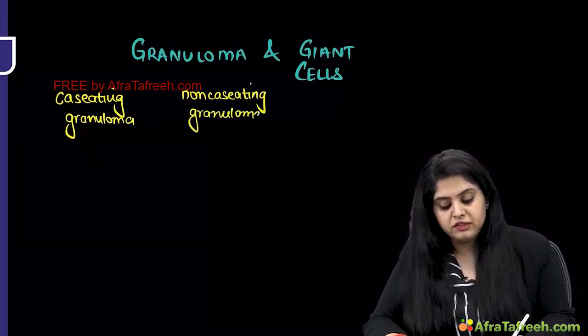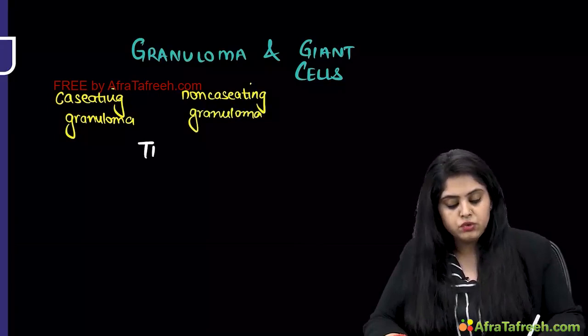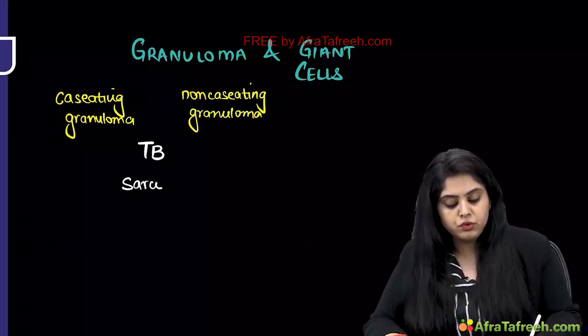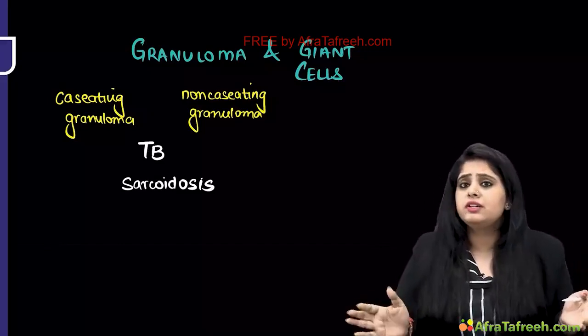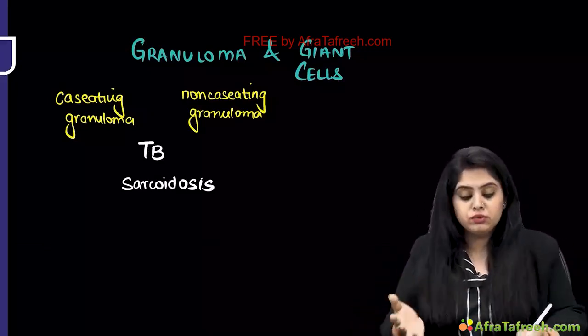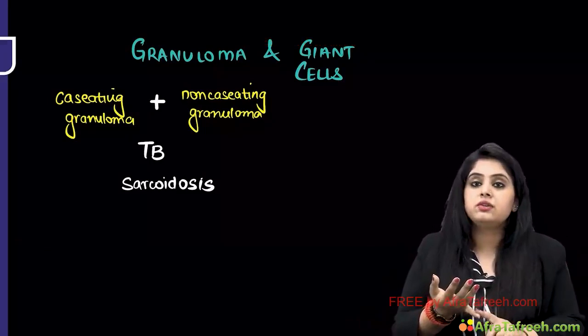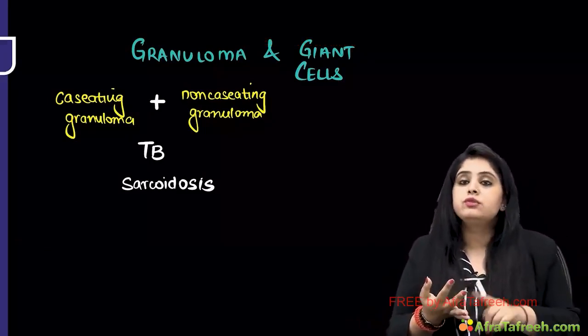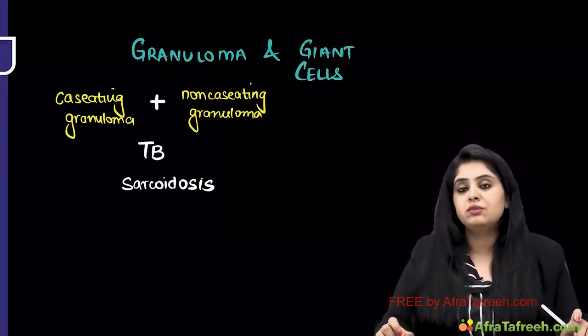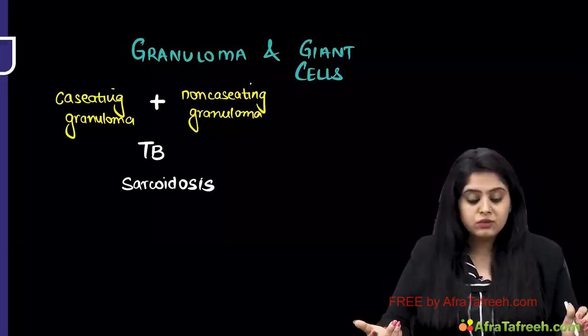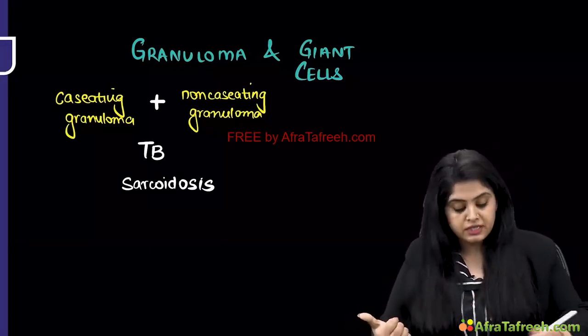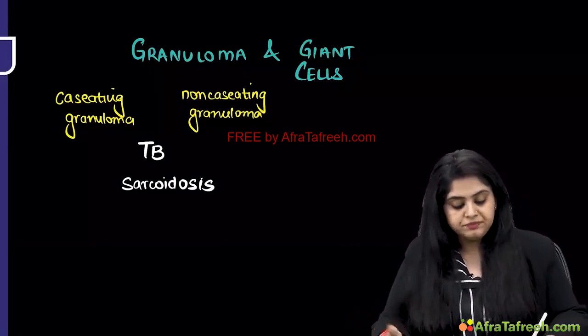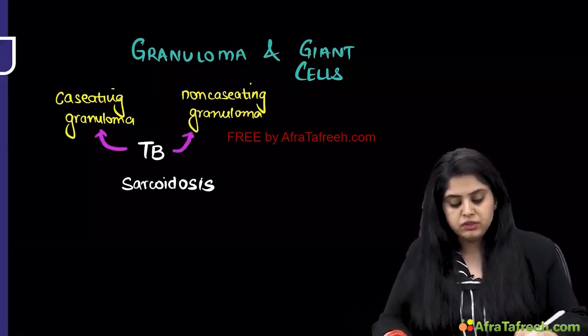So now let me ask you that what does TB show you and what does sarcoidosis show you? Please remember, TB and sarcoidosis dono mein dono dikhta hai. What did I say? Dono mein dono. TB shows you caseating and non-caseating granulomas, and sarcoidosis shows you caseating and non-caseating granulomas. Both of them can show you both the granulomas. Then ma'am, how will I differentiate? So no, that TB can show you both.